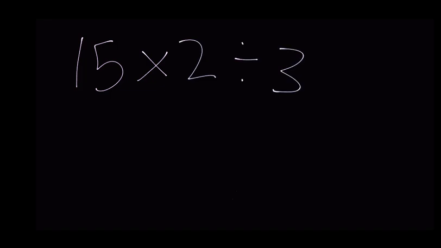Okay, so now let's do another one. So if we were to say 15 times 2 divided by 3. Okay, so I want you guys to solve this real quick. I'll give you PEMDAS over here.